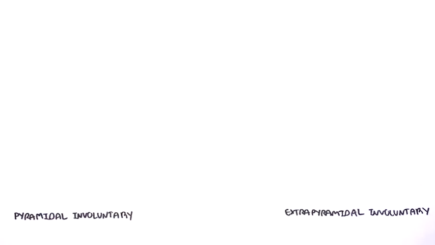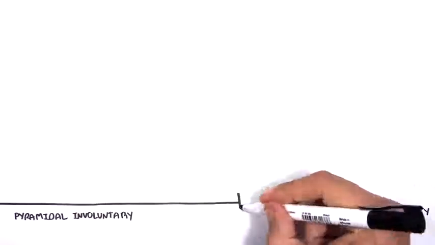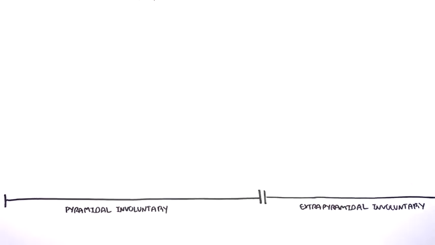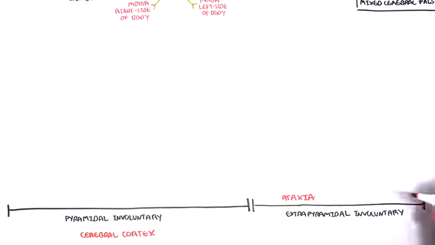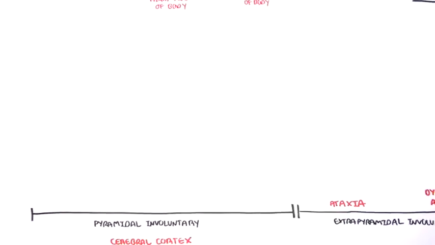Now, problems in the cerebral cortex causes spastic cerebral palsy, and it is part of the pyramidal voluntary group. Whereas extrapyramidal cerebral palsy affects the cerebellum and or basal ganglia and is called ataxic or dyskinetic or athetoid cerebral palsy.